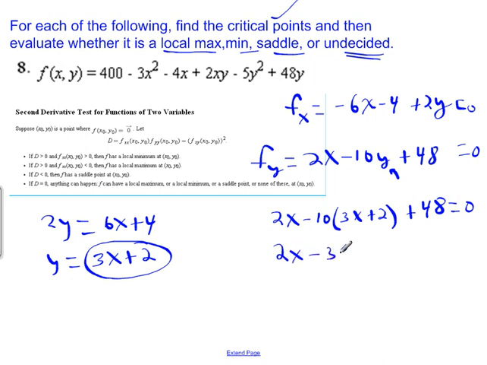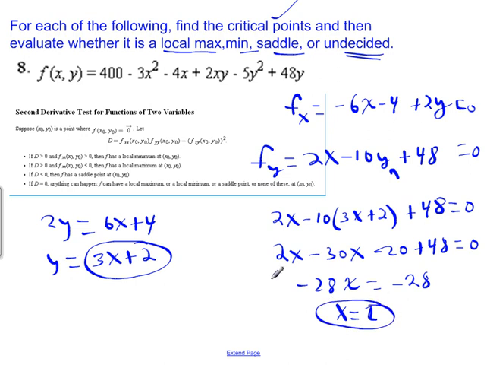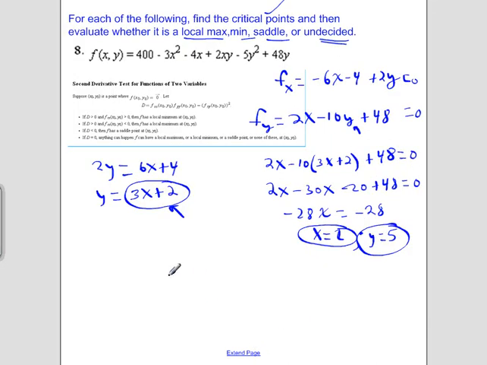So 2x minus 30x, so when negative 28x equals negative 28, or when x equals 1, and when x equals 1, y equals 5. So that will be my critical point, and then to determine whether that critical point is a local max, min, or neither, or a saddle point.